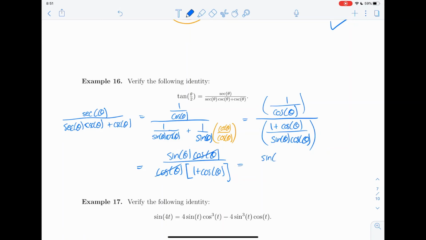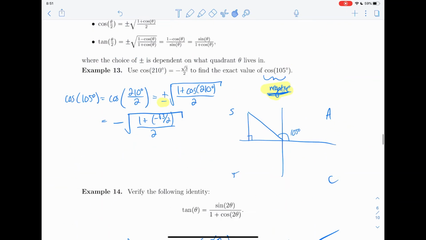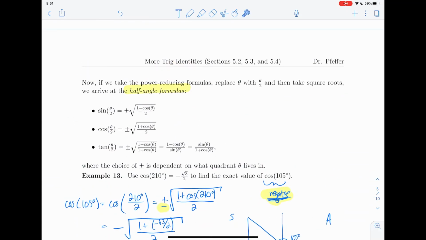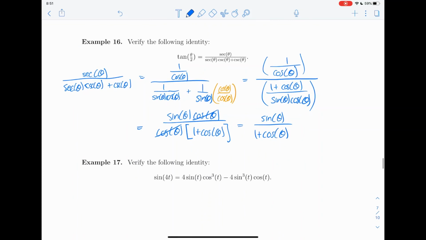We'll end up with just sine theta over 1 plus cosine, which we might recognize at this point. Sine over 1 plus cosine is exactly this third representation of tangent of theta over 2. So we see that indeed this is going to be equal to tangent of just theta over 2, which is exactly where we want it to be.